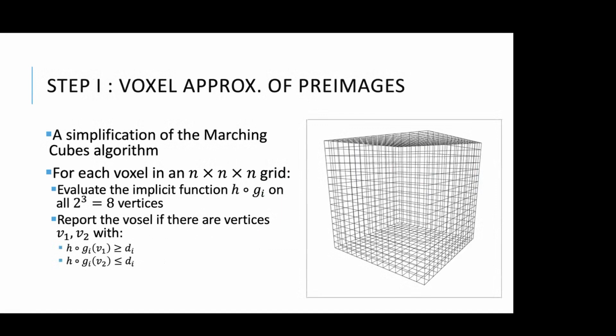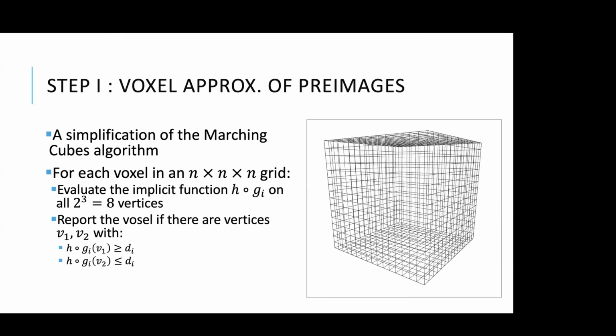Okay, so let's go into detail of how that algorithm works. The first step of the approximation of images is kind of a simplification of a famous algorithm called marching cubes, which goes something like that. We split the configuration space, right, the 3D space, into an n cubed grid, right?